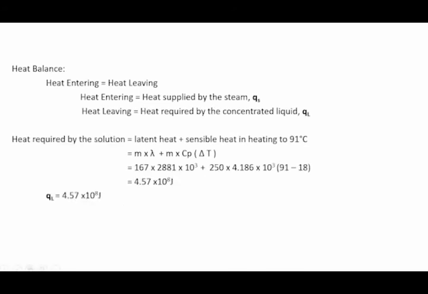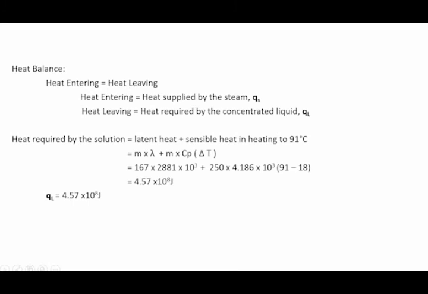We will now proceed to the heat required by the solution QL, which is equal to the latent heat of the solution plus the sensible heat in heating to 91 degrees Celsius, since the feed enters at a temperature of 18 degrees Celsius and experiences heating upon entering the evaporator at 91 degrees Celsius. Plugging in the values, the latent heat is equal to the mass times the heat of fusion or vaporization.